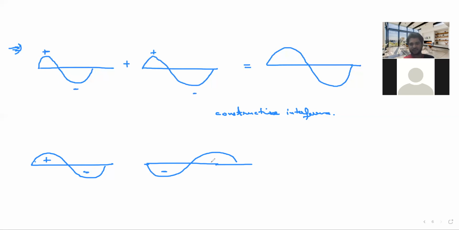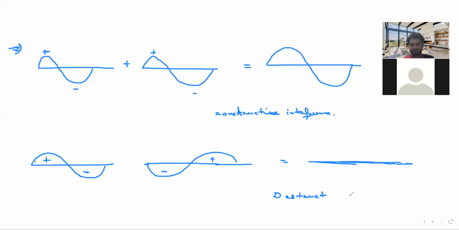When this negative and this positive overlap, nothing will happen. Why? Because positive 5 and negative 5 cancel. So you will get nothing. This is known as destructive interference.